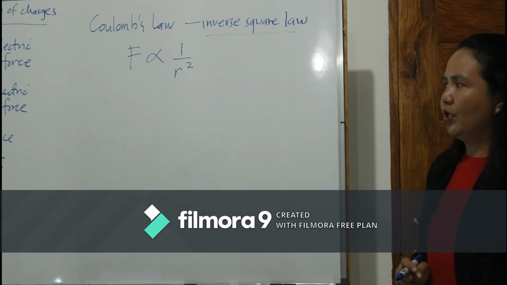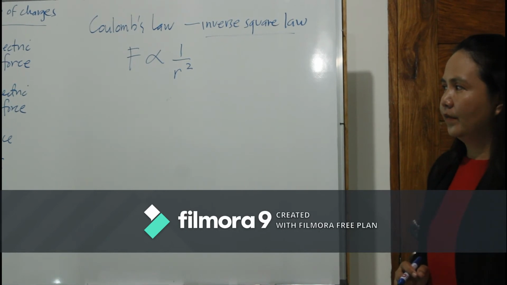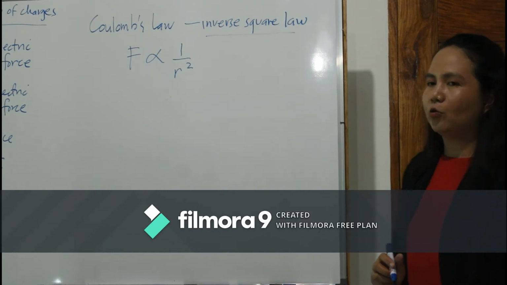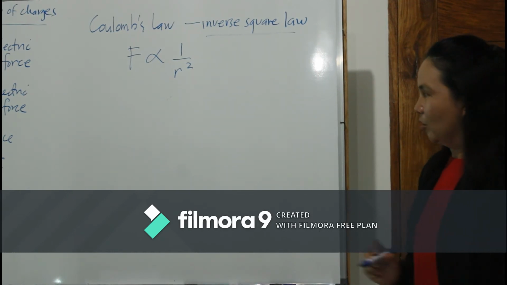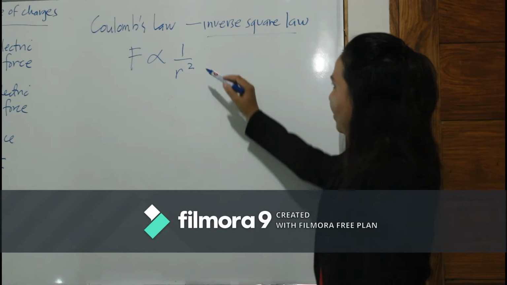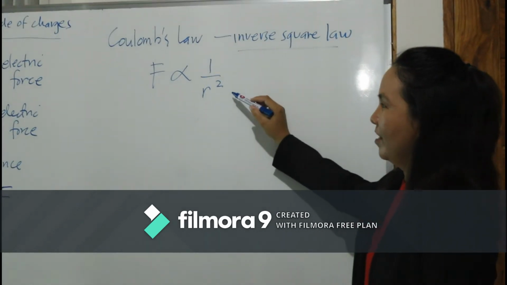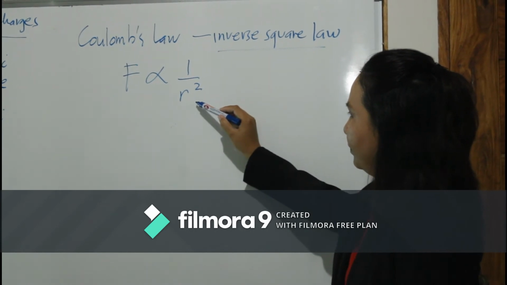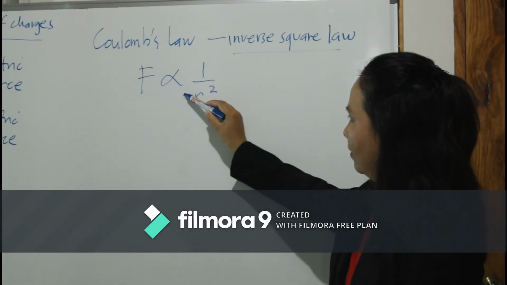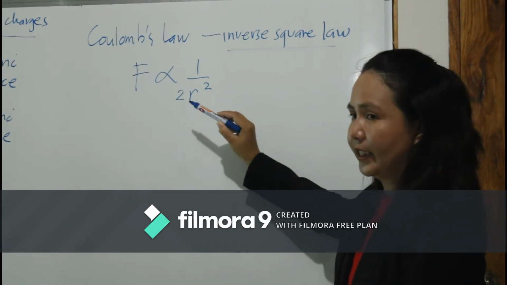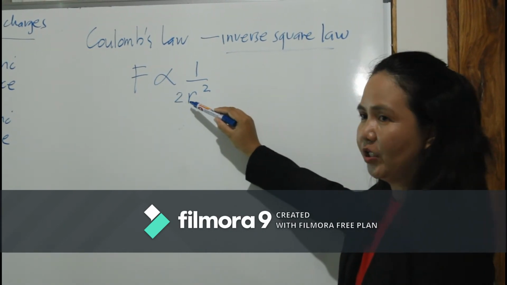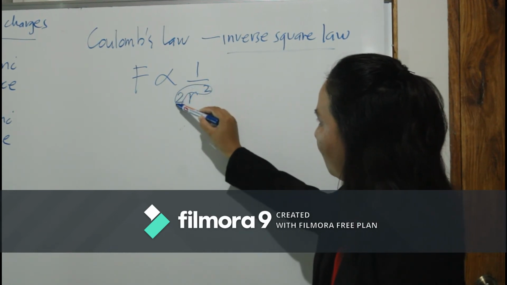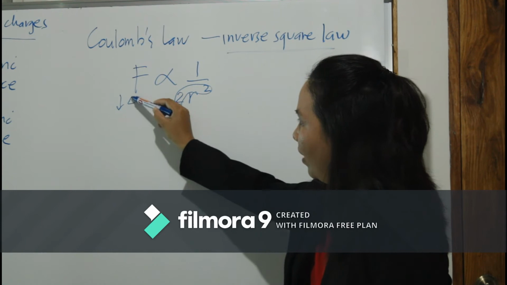So if the separation distance is doubled, then the electrostatic force is decreased by a factor of 4. So if we are going to apply that statement in this equation, if I am going to increase the separation distance between 2 point charges, the force will decrease by a factor of 4.